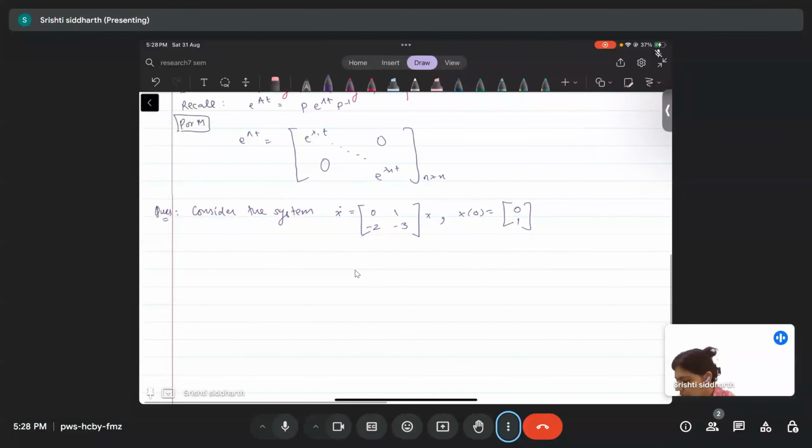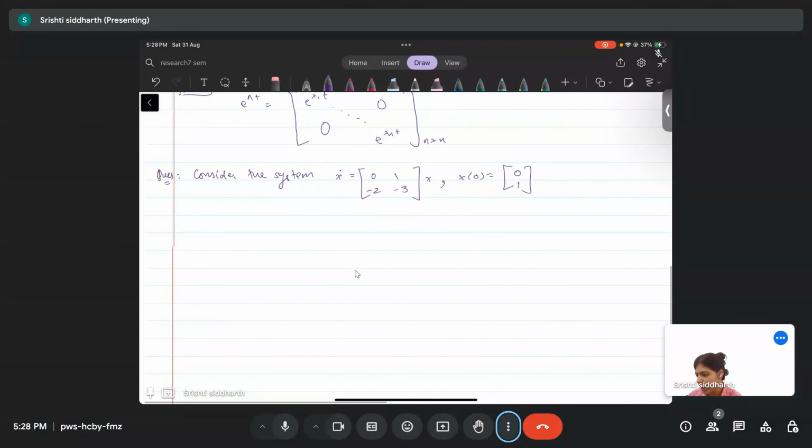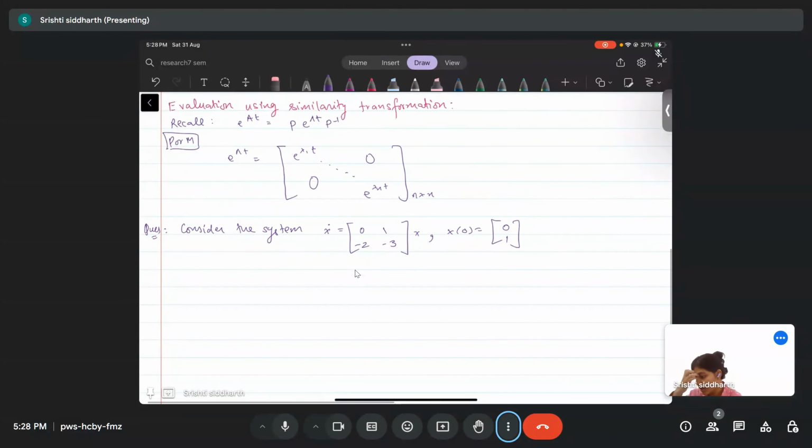To find the solution of the system, we need to find the state transition matrix e to the power At, and we'll find this using the similarity transformation.